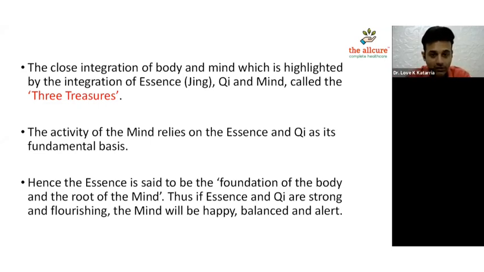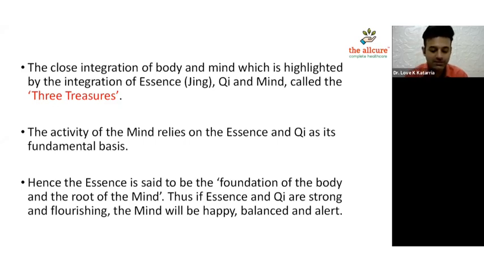The activity of the mind relies on essence and chi as its fundamental basis. So it's not only the essence, it's also the chi. If you don't have enough chi, the mind will be affected, and symptoms like depression, stress, and anxiety will start coming up.